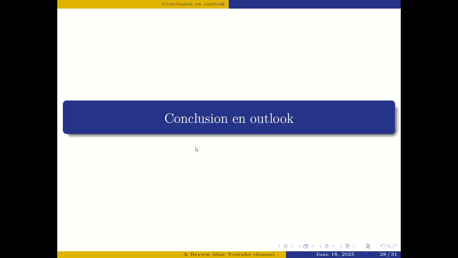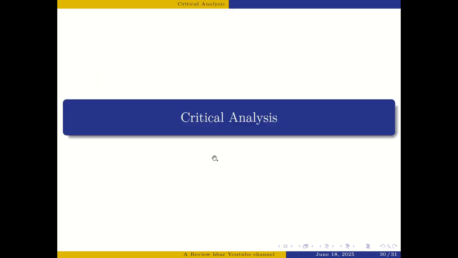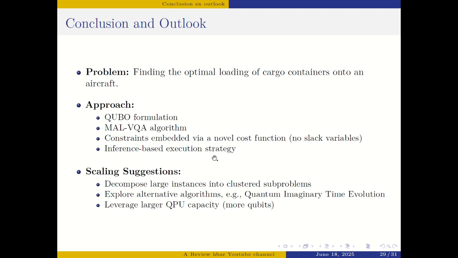The conclusion of this review. This paper proposed a quantum approach to find the optimal loading of containers in an aircraft. The author started by formulating the problem as a QUBO, then introduced an algorithm called MAL-VQA.